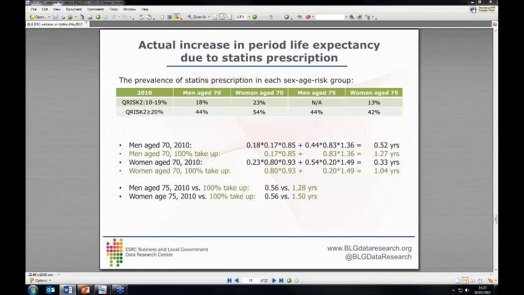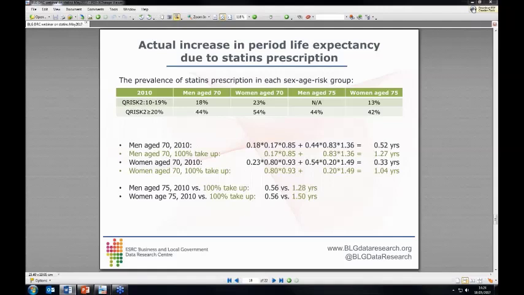Of men aged 70 with a cardiac risk of 20% or greater, 44% were prescribed statins. At this age, 17% of men had a cardiac risk of 10 to 90%, and the remaining 83% had a cardiac risk of 20% or greater.